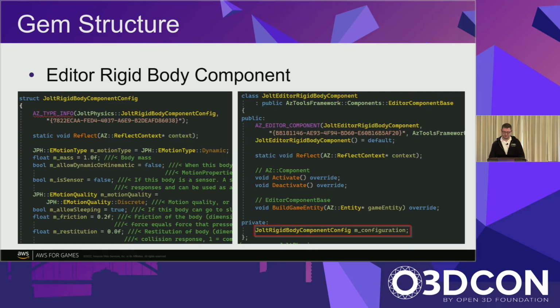And for the rigid body component, we also want a configuration structure that would encapsulate all the data required for the Jolt rigid body, in our case. So things like motion type, whether it's dynamic or static, things like mass, and whether it's a trigger or sensor.